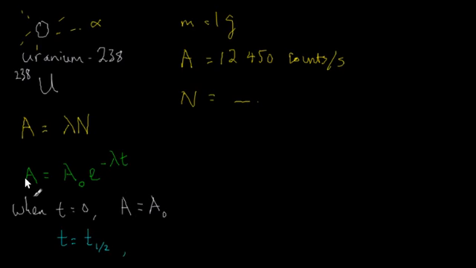Let's think about what would happen to the activity. From what we understand about half-life, the activity must come down by half. So if it was A naught at the beginning, then after one half-life, the activity must become half this value.